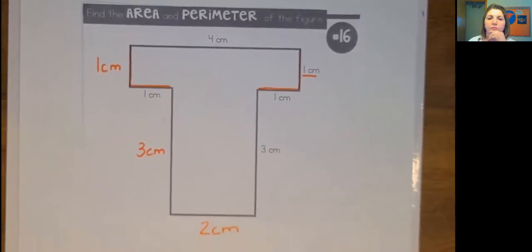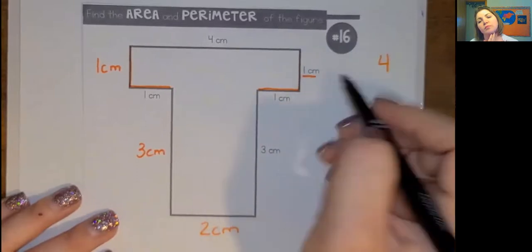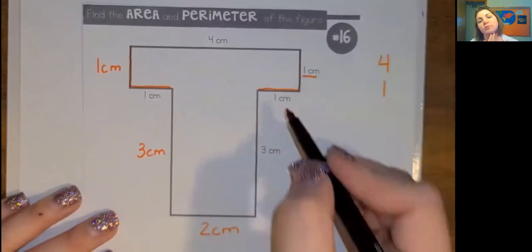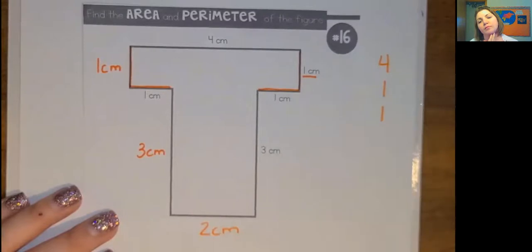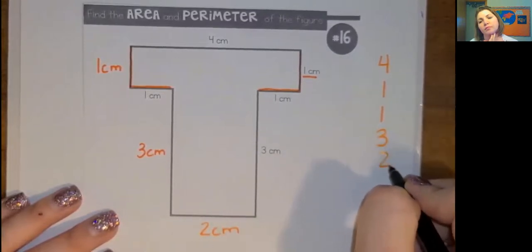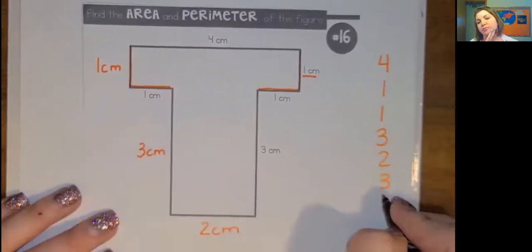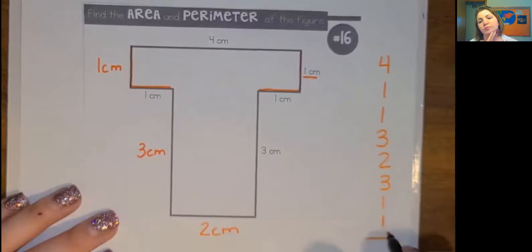So now, can we figure out the perimeter of our whole shape? Of course we can. I'm going to add 4 plus 1 plus 1 plus 3 plus 2 plus 3 plus 1 plus 1.